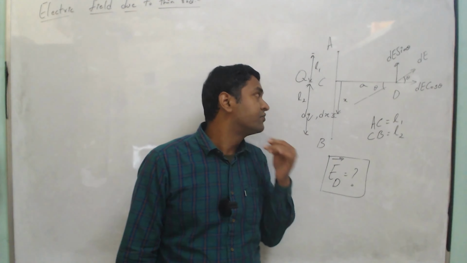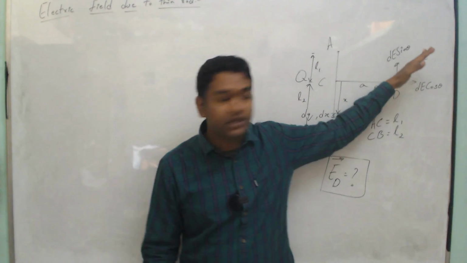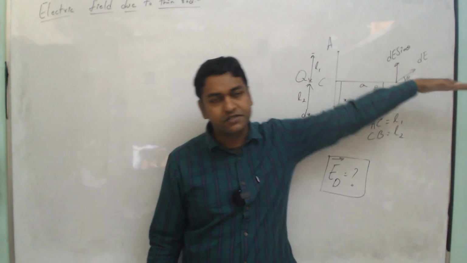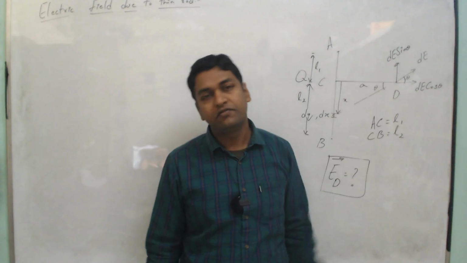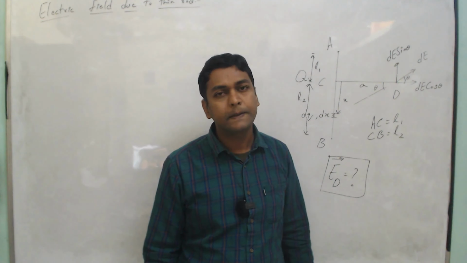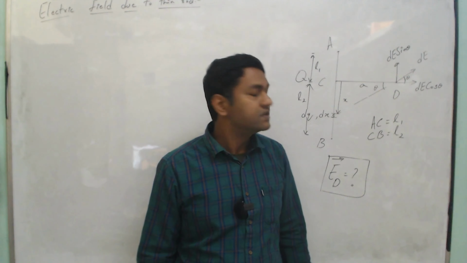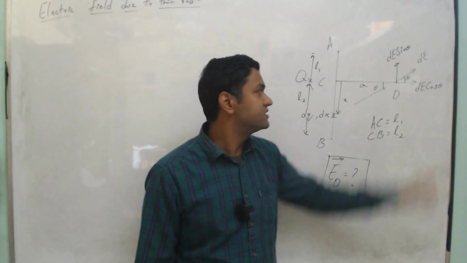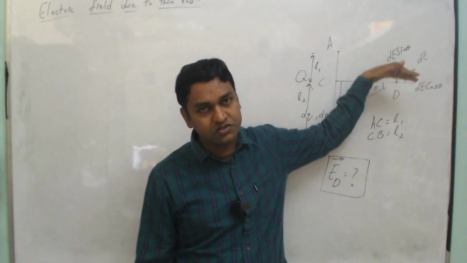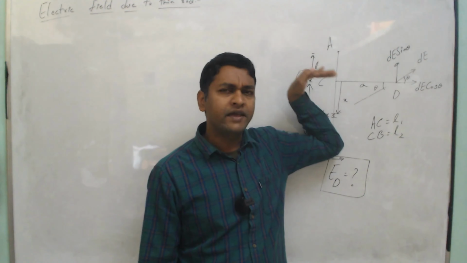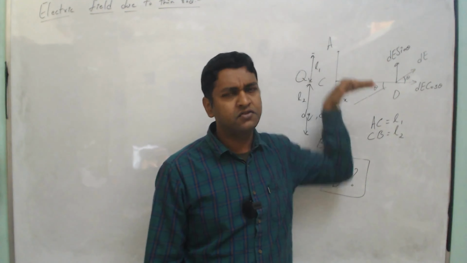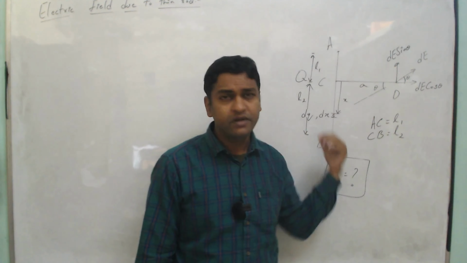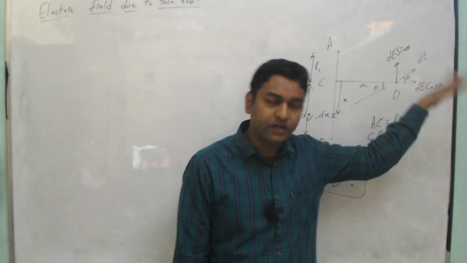Next, therefore, what I am doing is taking the components of this vector such that I am fixing the direction. That means if I talk of the dE cos theta component, the direction of dE cos theta for every element is going to be from left to right.